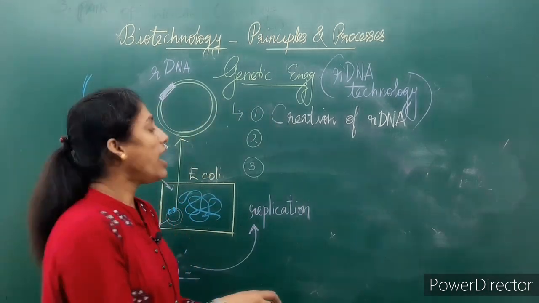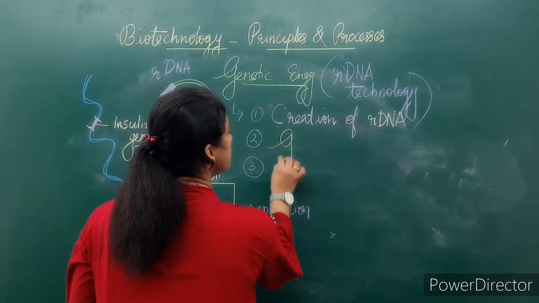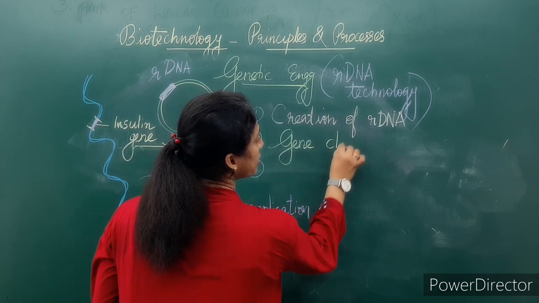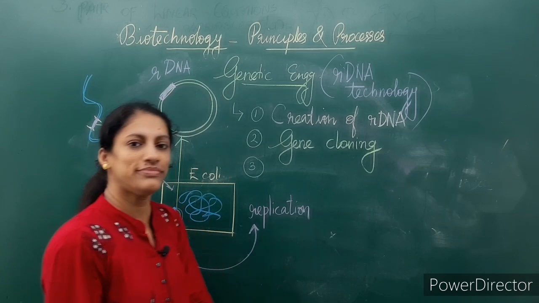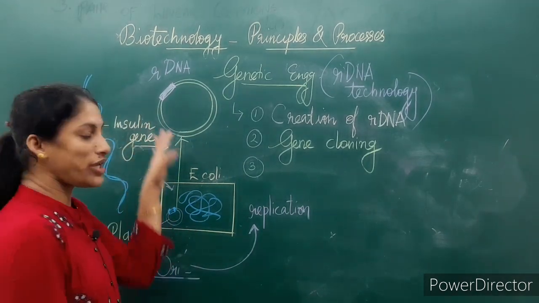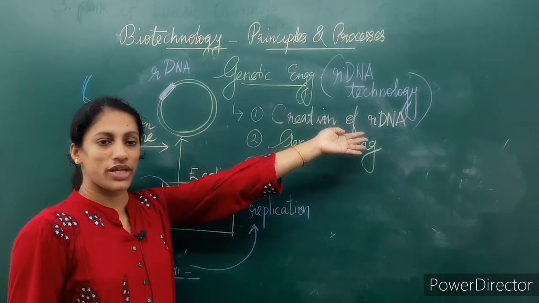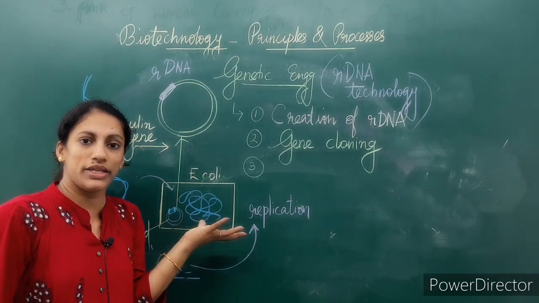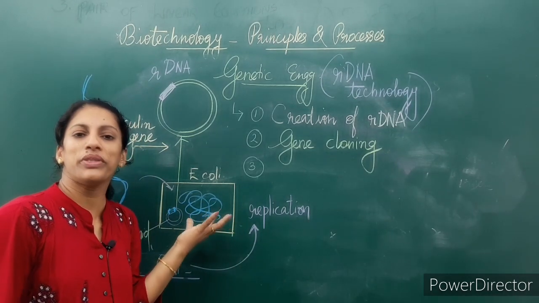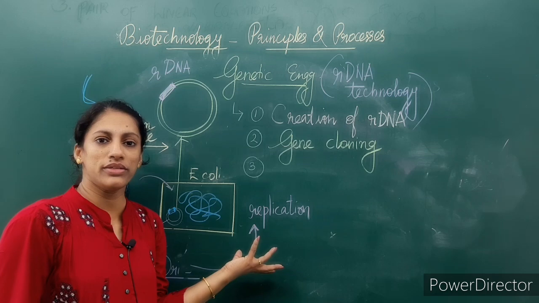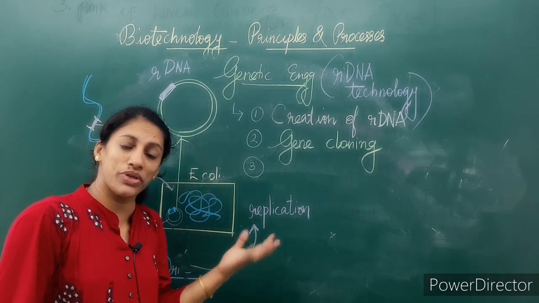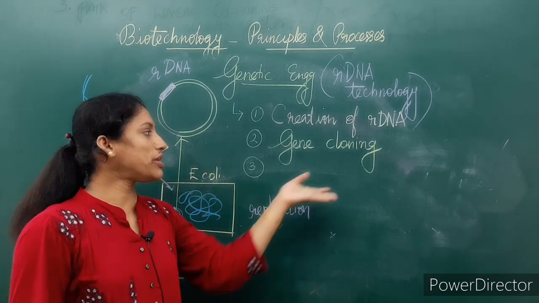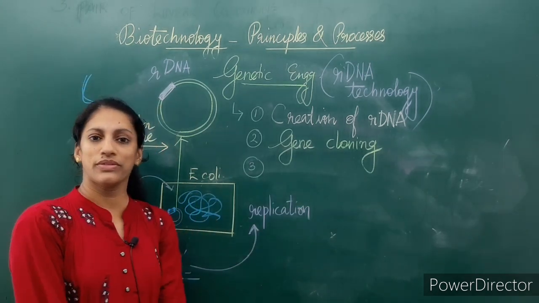So, the creation of rDNA is the most important aspect of genetic engineering. And the second major aspect is gene cloning. If we create rDNA and introduce that rDNA to the bacterial cell, when the bacterium divides, that means it is getting cloned. And when the bacterium divides and produces a number of copies, that many copies of our gene are produced.